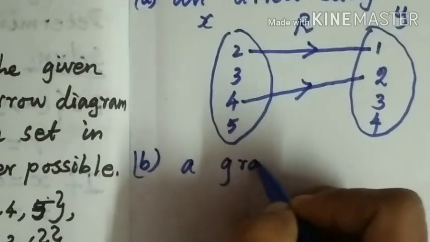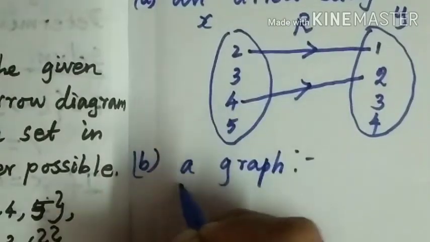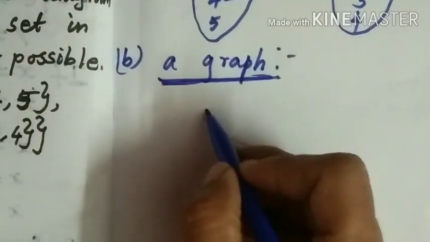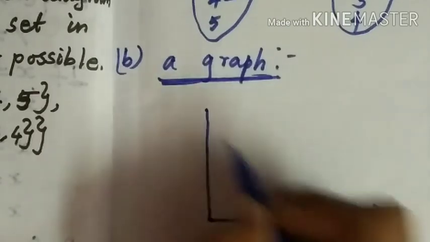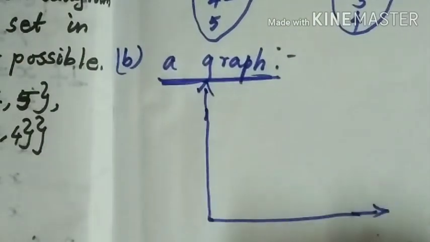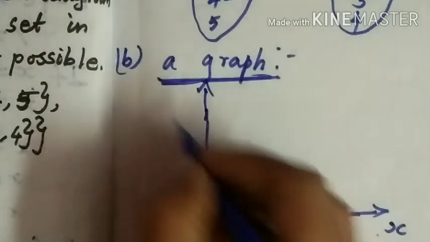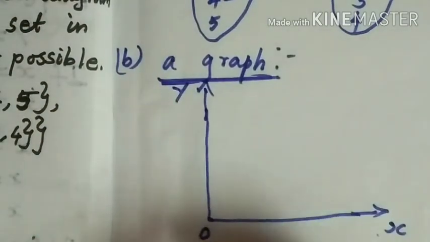A graph. Graph is nothing but you draw the first quadrant alone. No need to draw the 4 quadrants. X-axis, Y-axis, origin.